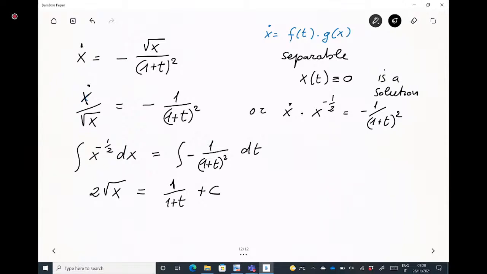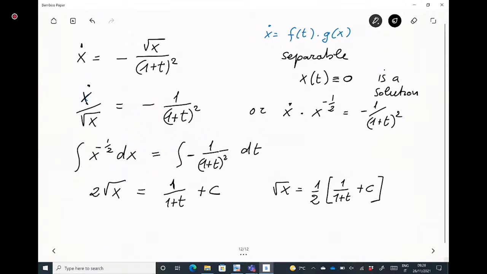You just have to compute integrals. Now, square root of x is equal to 1/2 times (1 over 1 plus t plus c).